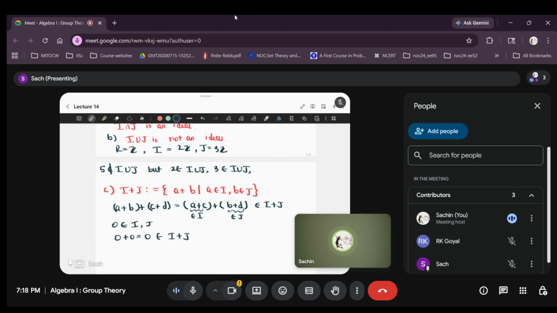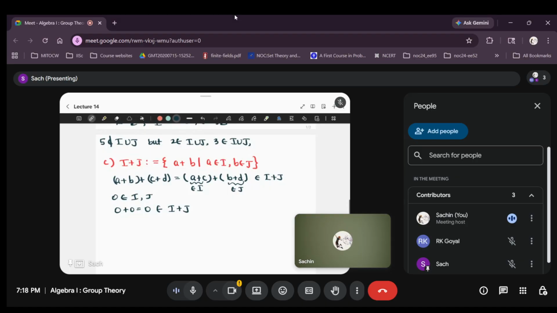Commutativity and associativity we need not check, since these are elements from a ring. It's a subset of a ring. Inverse is simple.